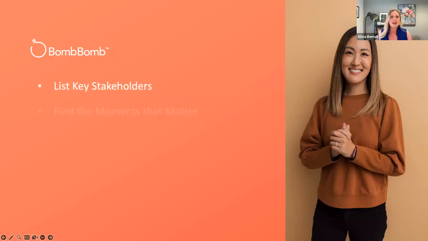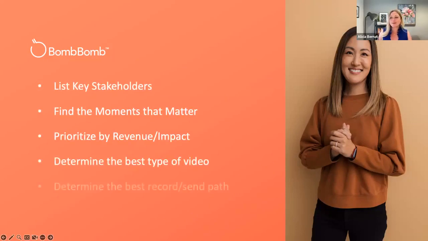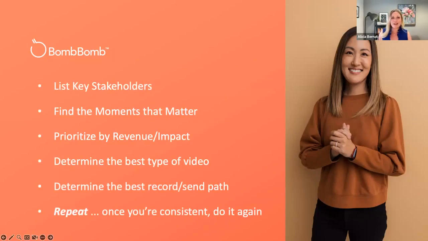Here is your recap on the BombBomb Method and the most important piece. You're going to list your key stakeholders. You're going to find the moments that matter. You're going to prioritize by revenue or impact. You're going to determine the best type of video and the record-send path, and you're going to keep doing this one moment that matters over and over again until it's consistent, until you see it making the impact you want it to have.